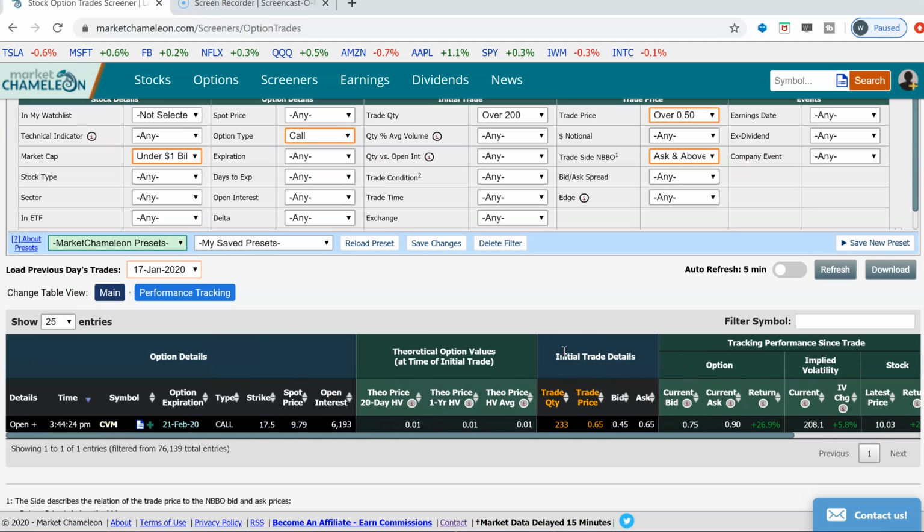So this is one way that you could use a performance tracker to really help you narrow down on ideas, to either confirm theories or to help you actually find ideas that have already shown some type of confirmation that it's moving in, and the behavior is acting the way you anticipated, before you decide to enter in the trade.